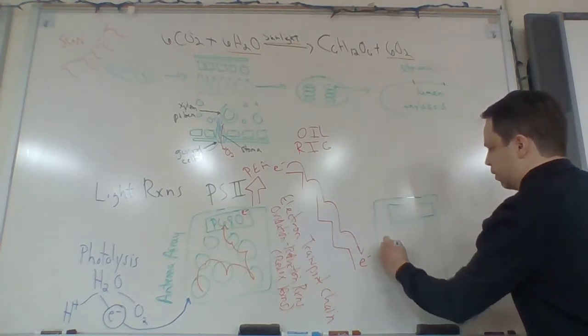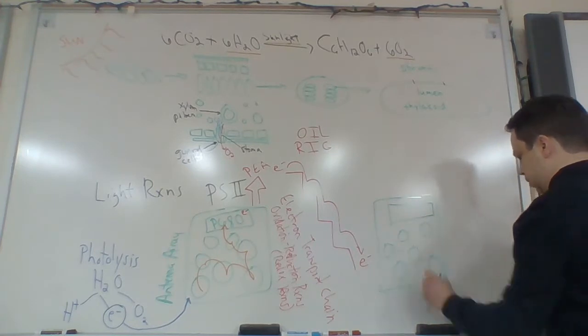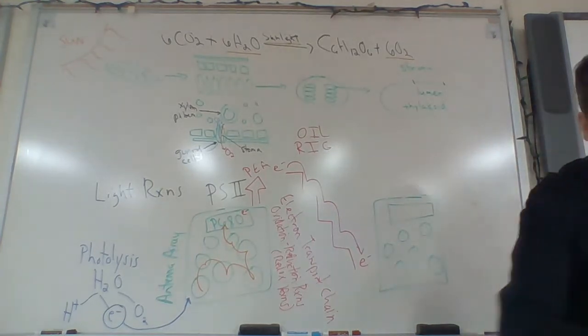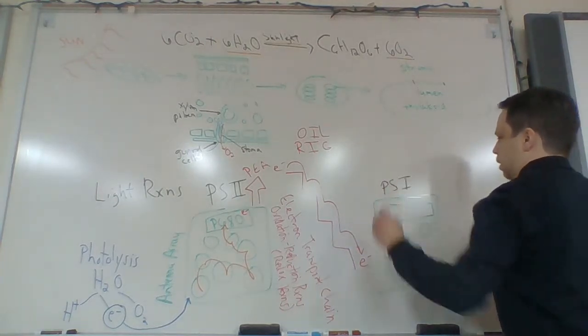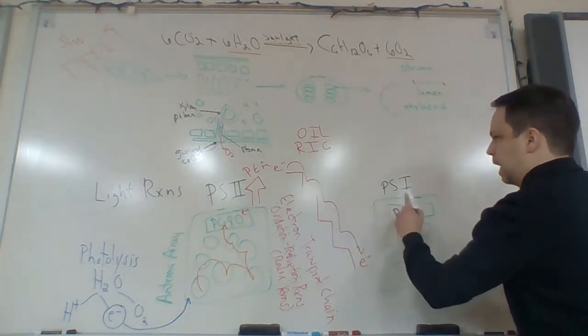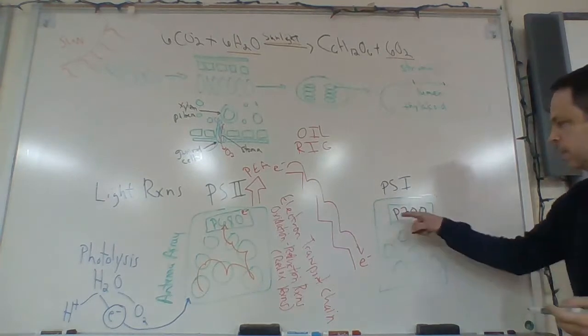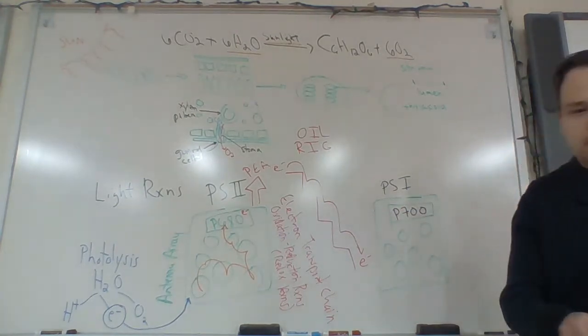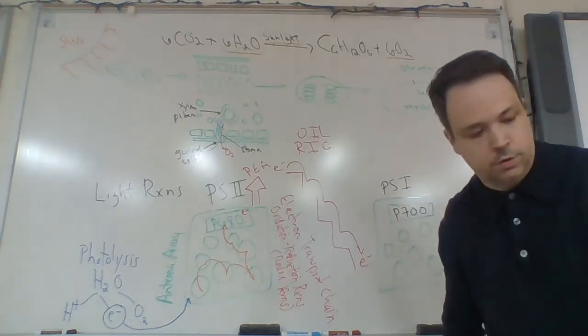So let's start off with, once again, we're going to have another antenna array for photosystem 1. Right? So this is PS1. And this time it's not P680 that's in here, it's P700. So pigment 700, wavelengths of light of 700 nanometers are being absorbed.